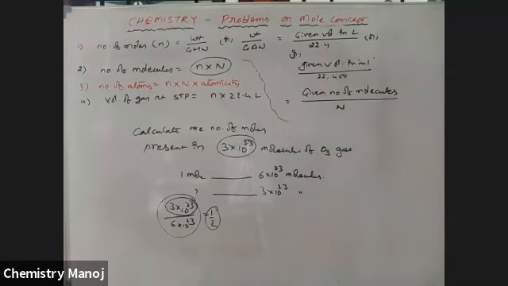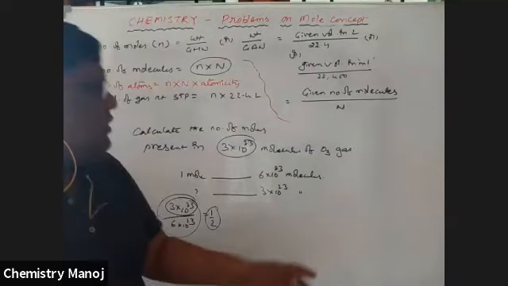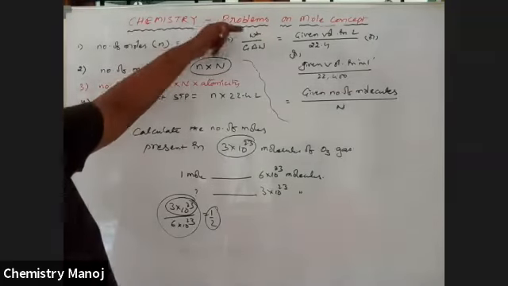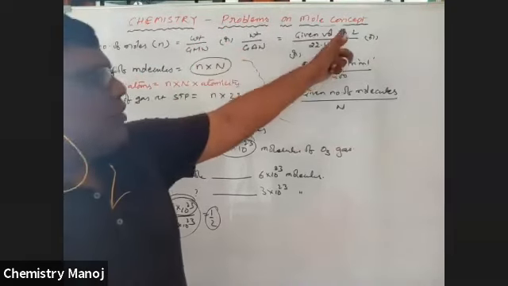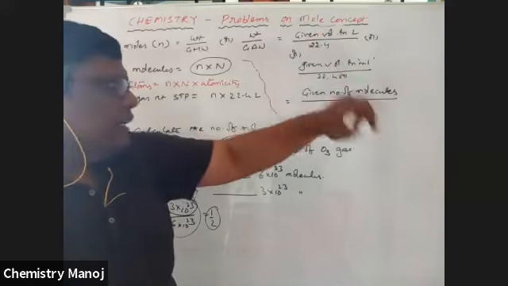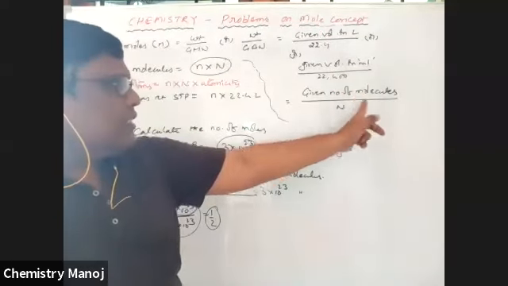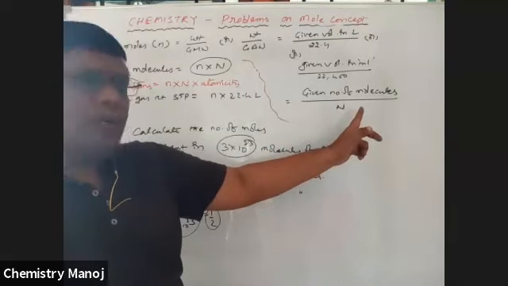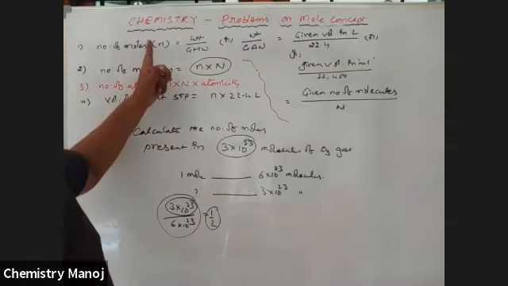These are the simplest ways. If molecular weight is given, weight by gram molecular weight; if atoms are given, weight by atomic weight. In terms of volume, given volume in liters by 22.4 liters, or in milliliters. If molecules, the particles, are given to you, then given number of molecules by Avogadro number, that is 6.023 into 10 power 23. Whatever the formula, use it to calculate the number of moles.